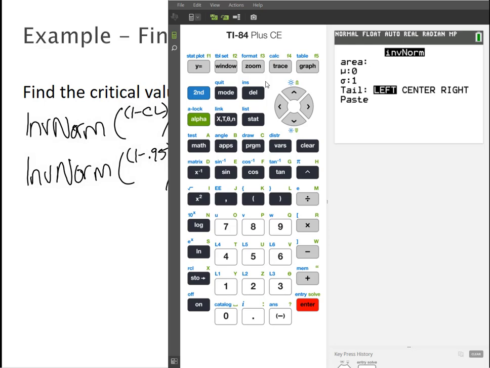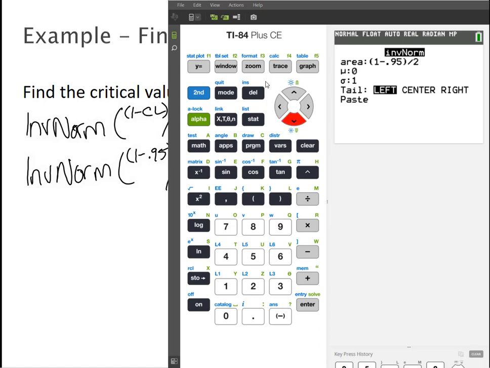So again, I'm going to use those parentheses, 1 minus 0.95, close my parentheses, and then divide by 2. Okay, you can input it just like that in your calculator. You don't have to find 1 minus 0.95 over 2 first. You can let the calculator do that for you.